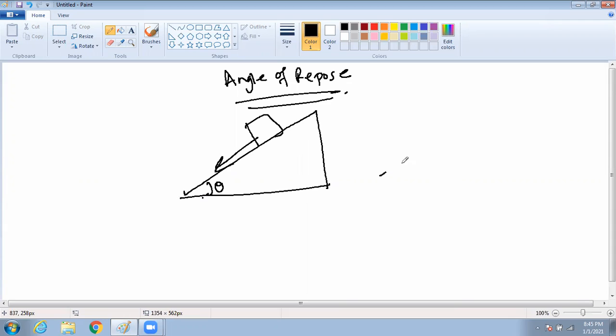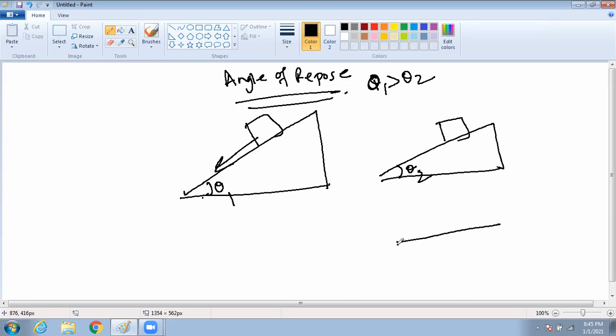Let's say I am keeping the inclined plane like this, theta 1, and reducing the angle, this is theta 2, theta 1 is greater than theta 2. Now I am giving still lesser, theta 3. Now theta 1 is greater than theta 2 is greater than theta 3. In this case, the body is not moving, the body is at rest.